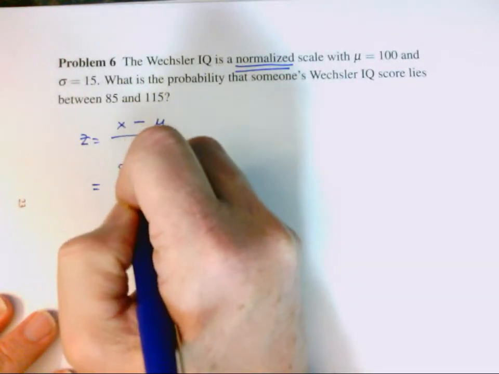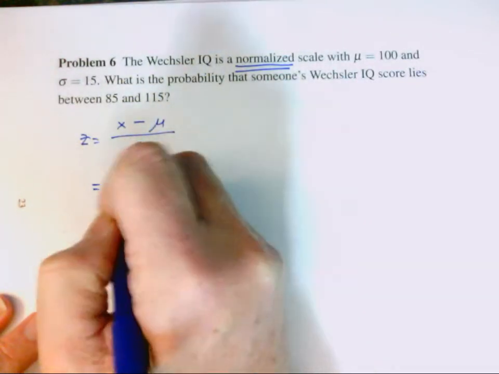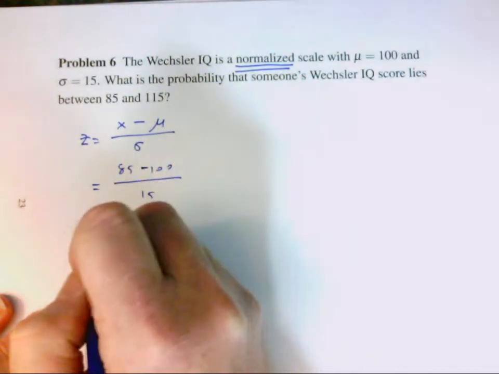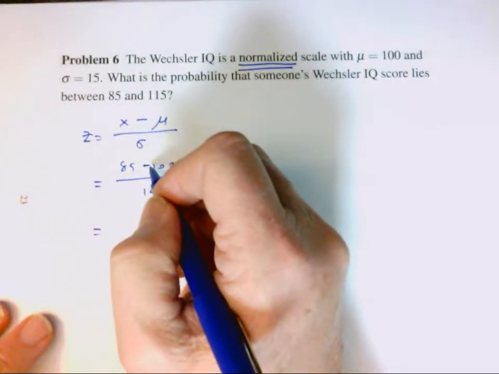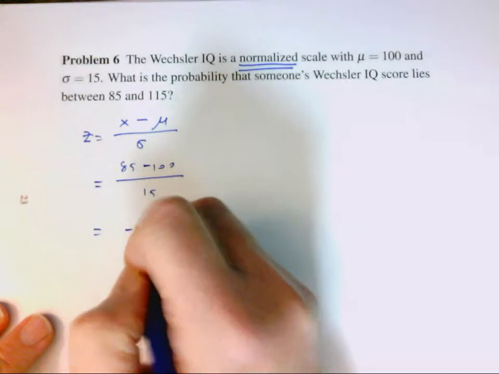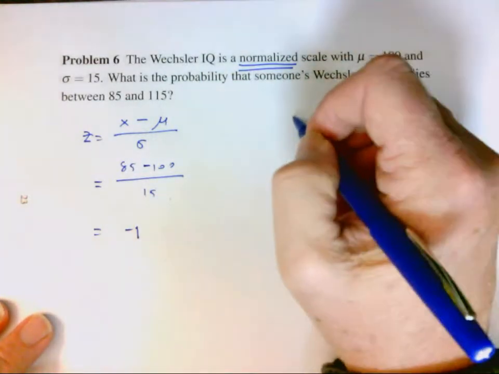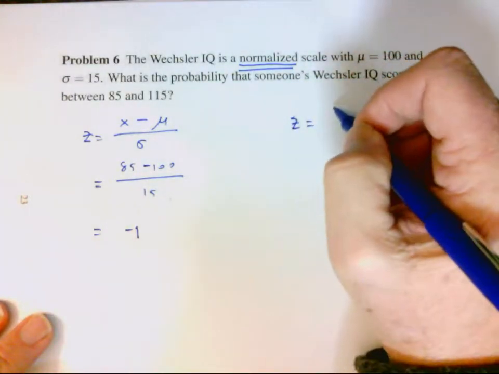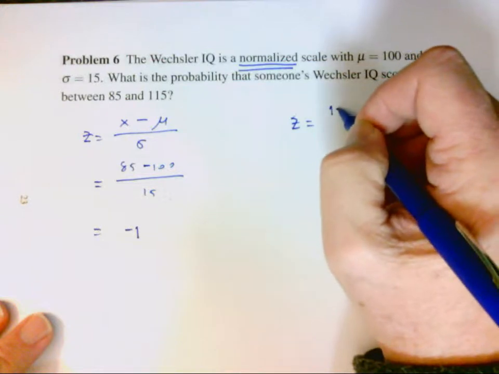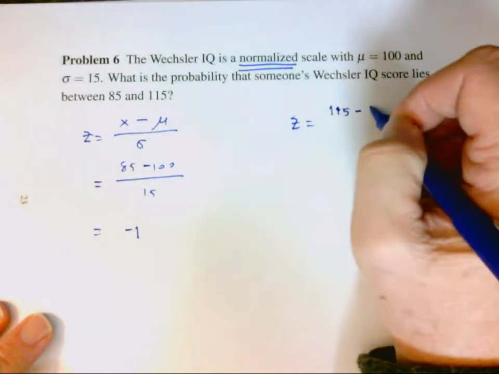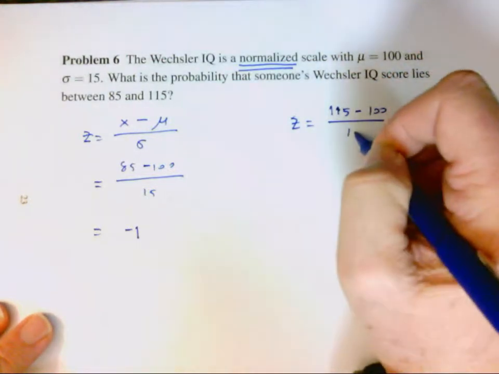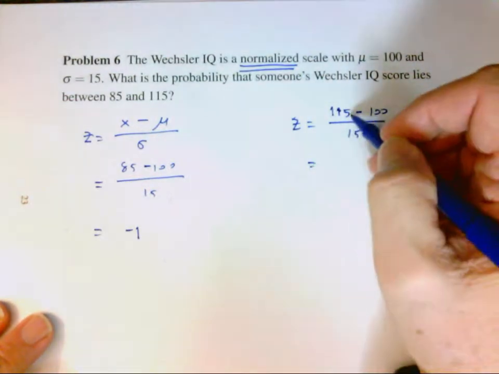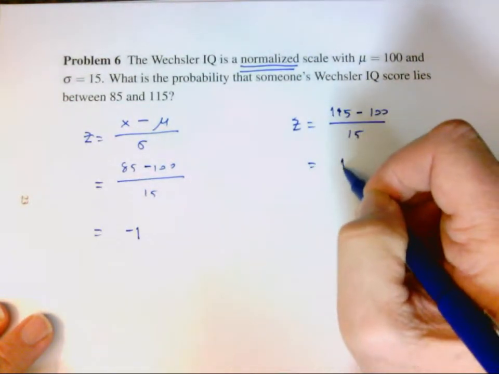We'll start with 85 minus 100 divided by 15. 85 minus 100 is negative 15 divided by 15, so you get z equals negative 1. Likewise, z is an x of 115 minus 100 divided by 15. That's 15 divided by 15. That's positive 1.